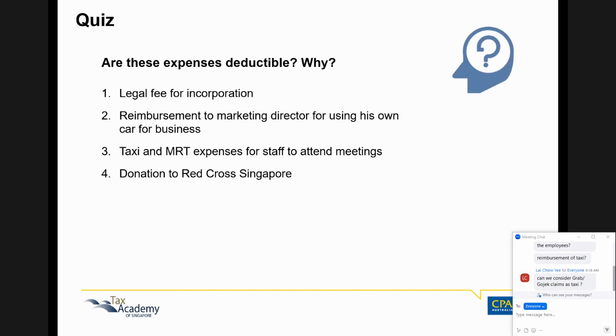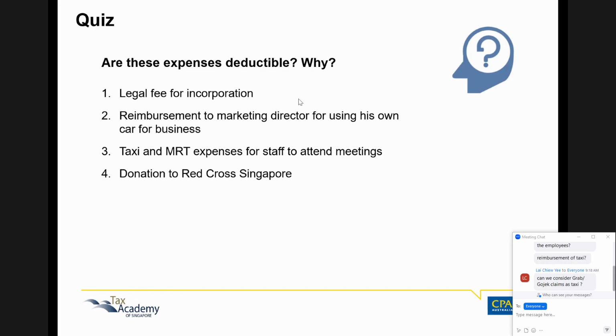Yes, this is deductible, because it's a revenue expense incurred in the normal course of the company's business, and therefore incurred in the production of income. From what I see, most of you got it right. I'm not sure about those who think that it is not deductible, why you think so. If you want, you can just raise them. If not, then I'll just take it as that.